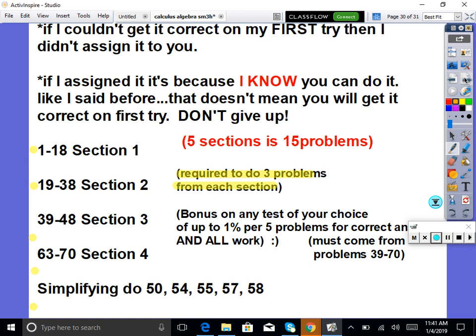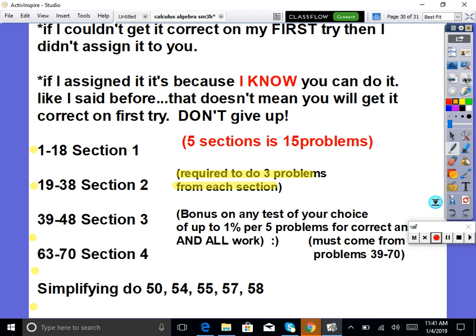Here's what section you need to really focus on over the weekend and get them right. Okay? This section down here with the really hard ones towards the bottom, as you can see, problems 49 through 60, those are the ones that are testing if you can do the advanced algebra I'm looking for. I'm going to put 1 to 2 problems of that level on the exam. You've got to know that stuff.